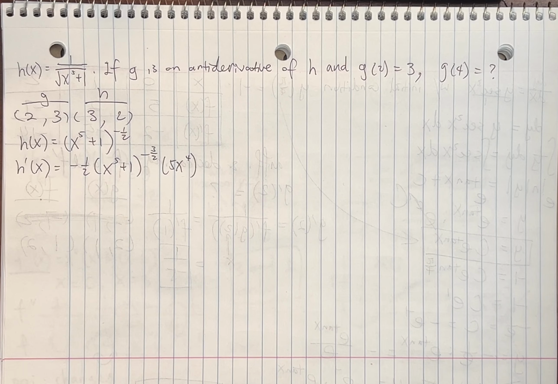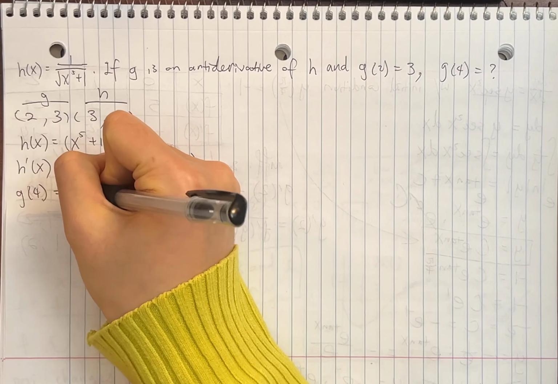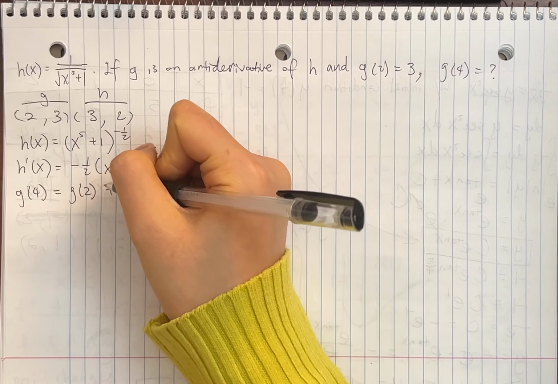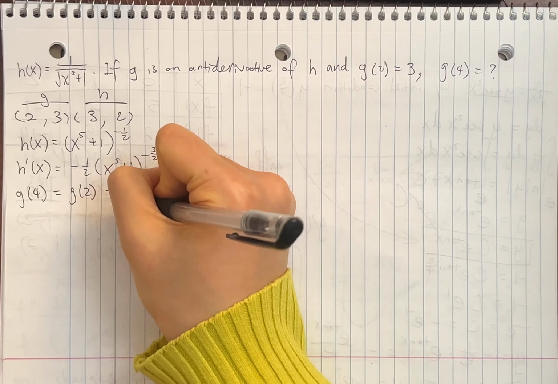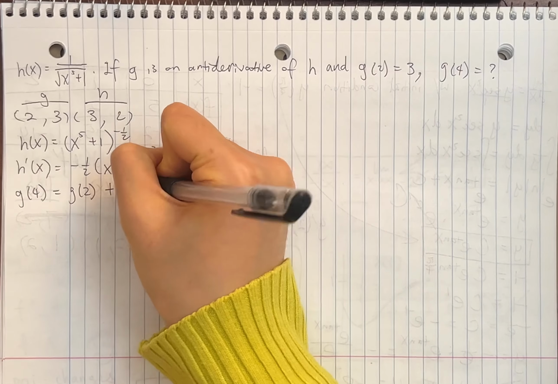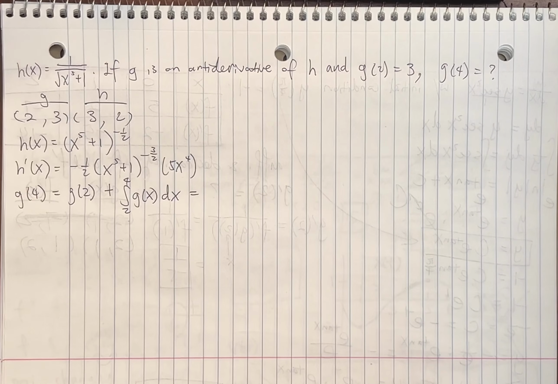That's exactly what we're going to do next, which is divide g of 4 into g of 2 plus the interval from 2 to 4. For that interval, we don't know anything either. But the good thing is that there must be some amount accumulated in that interval, so we can start with that.